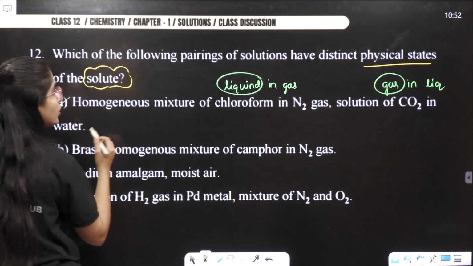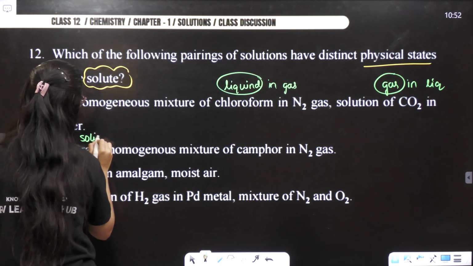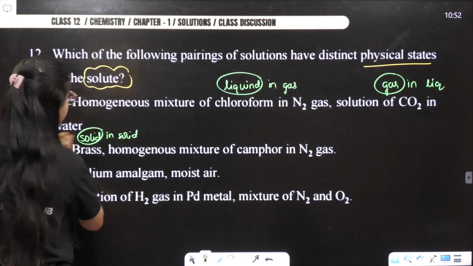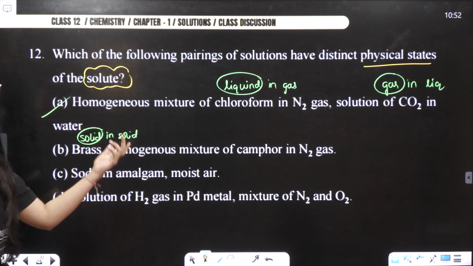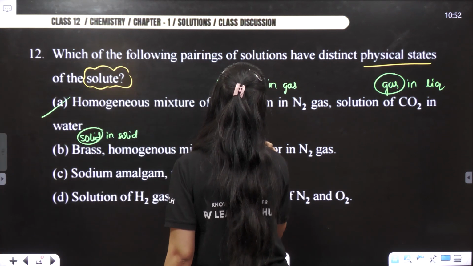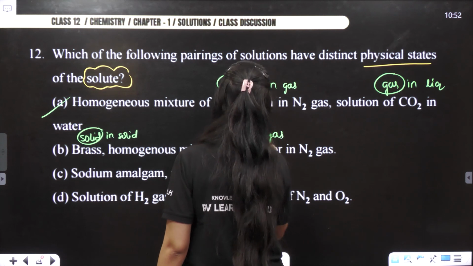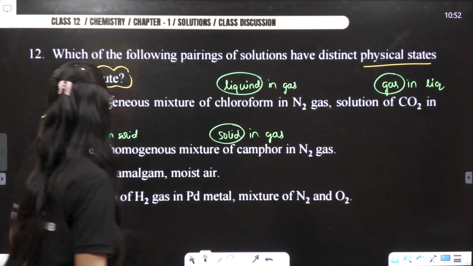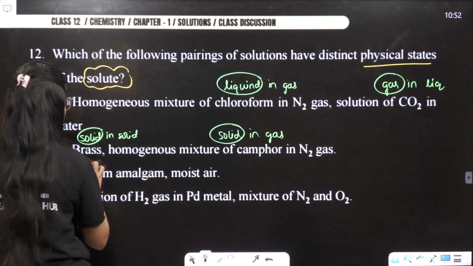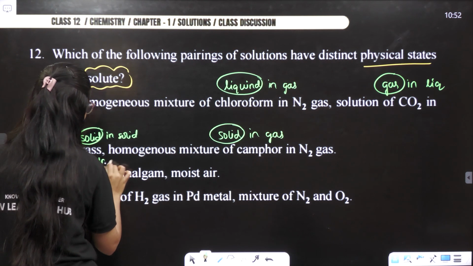So brass, if you are talking, it is your solid in solid because it is an alloy. So here solute is what? Solid. Homogeneous mixture of your camphor in nitrogen gas. So it is an example of your solid in gas. So here the solute is solid. Both are equal. Sodium amalgam and moist air they are talking. So it is an example of liquid in solid.